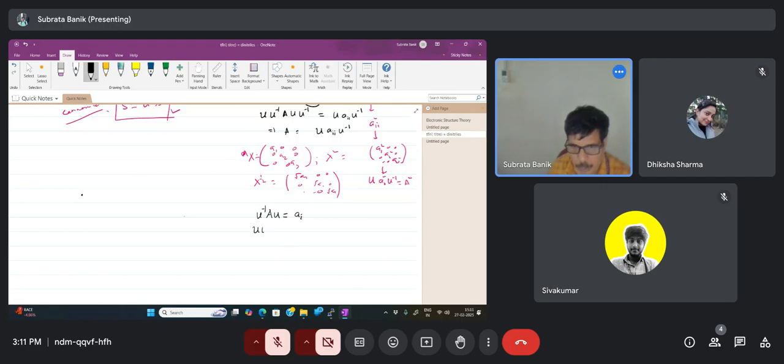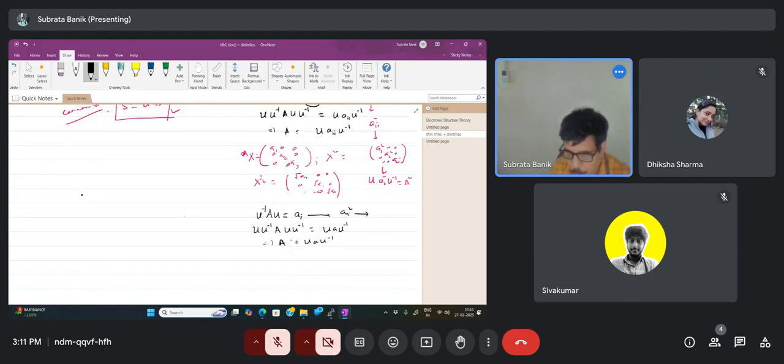You get u inverse A u equal to a, a diagonal matrix, right? From here, you get a square. If you want to undiagonalize this, the transformation is exactly the same.